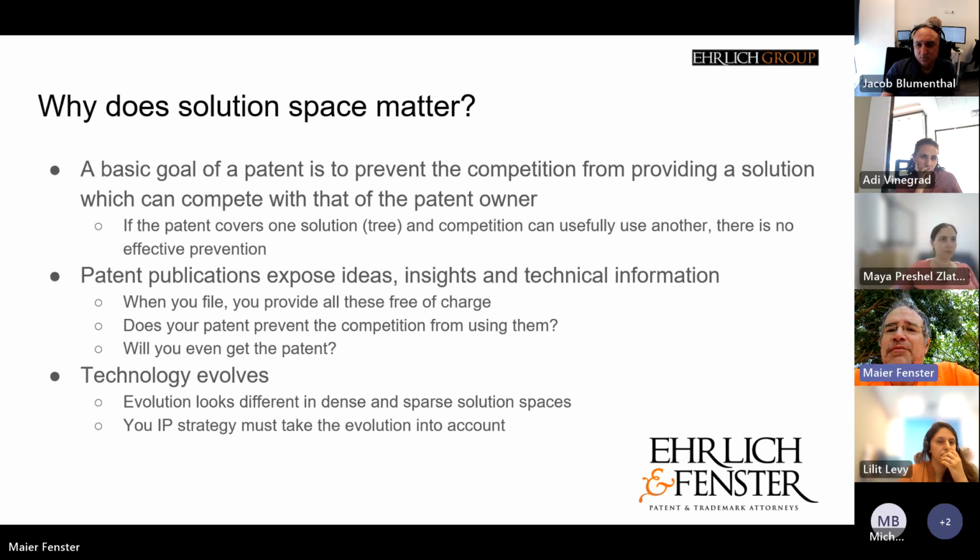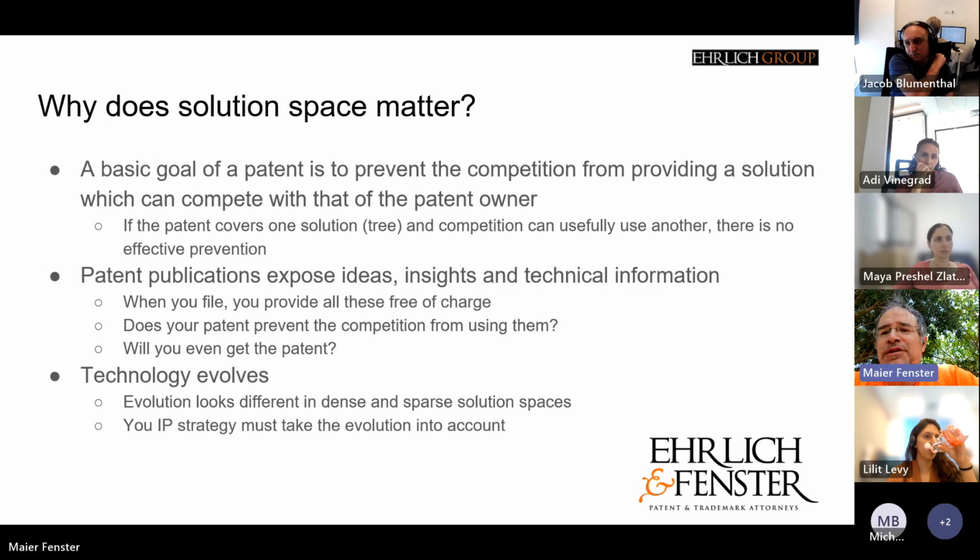At the same time, when you file a patent, it publishes and it exposes your ideas, insights, and technical information. And you have to ask yourself, will your patent prevent the competition from using them simply by moving to a different tree? In fact, one of the insights that you can provide is what the solution space looks like.